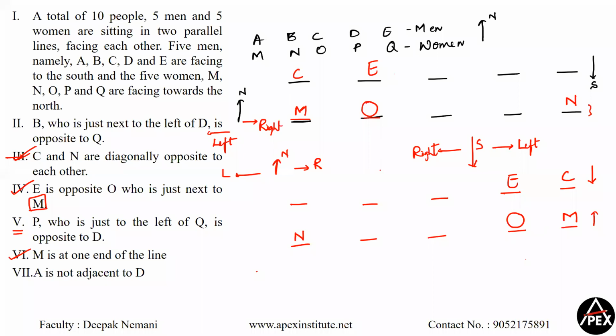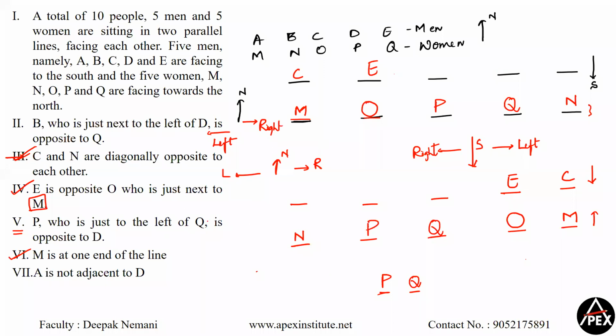P and Q. And it is given that P is just to the left of Q. So P and Q are sitting adjacent to each other, and P is to the immediate left of Q. Now we have the positions of Q and P. So it will be only this.